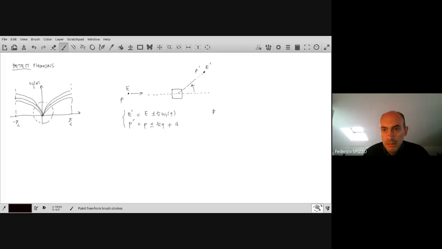One is photons, because we have just seen from the previous comment that we may expect the interaction between the photons and the phonons. Then another possible probe that may be sensitive to phonons is given by neutrons.